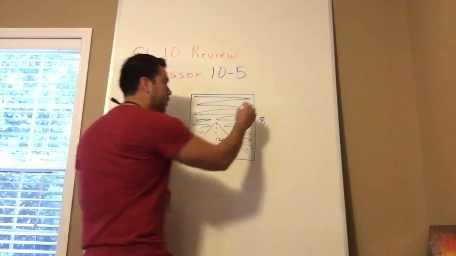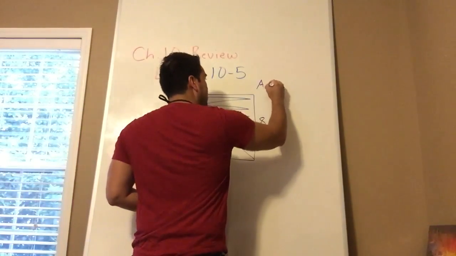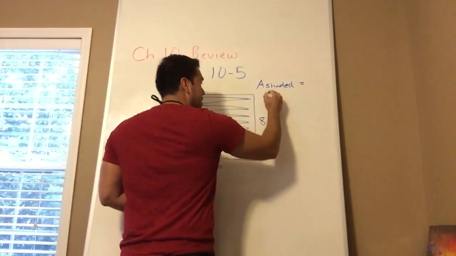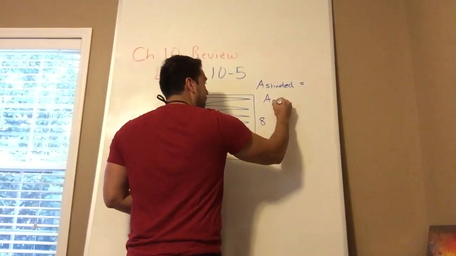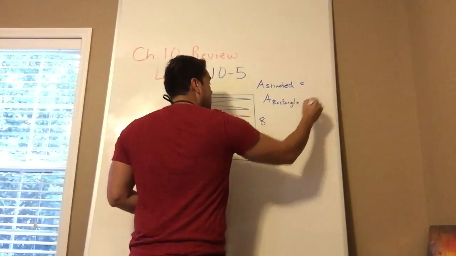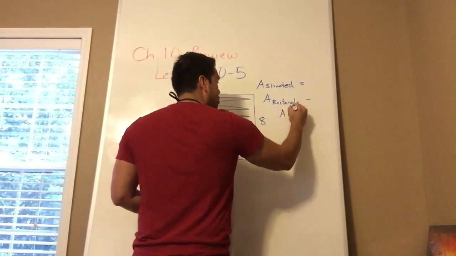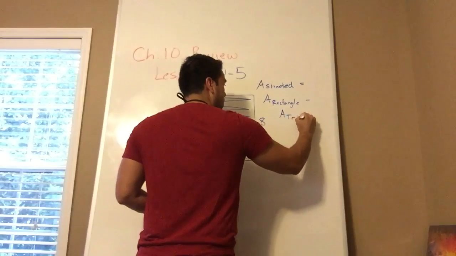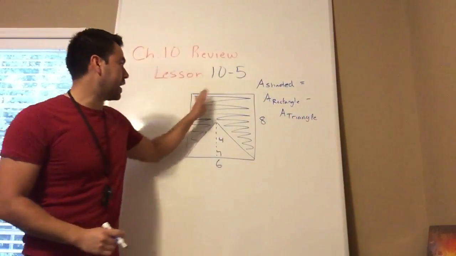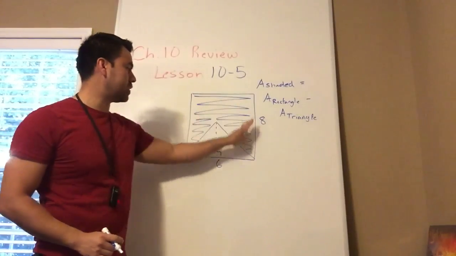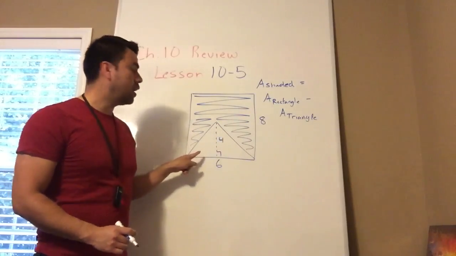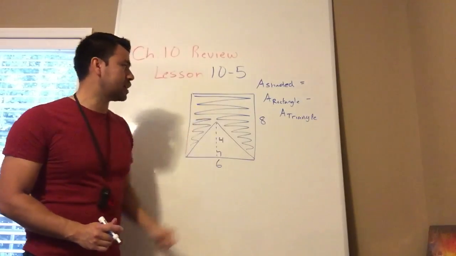So to find the area of the shaded part, I'm going to take the area of the rectangle and I'm going to subtract the area of the triangle. Does that make sense? So I get the area as if everything were shaded, that's the rectangle, and then I subtract the area of this triangle, which would leave me only the shaded portion.